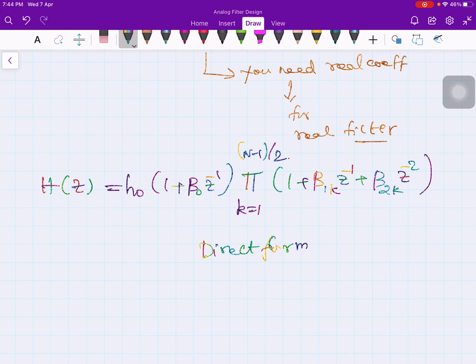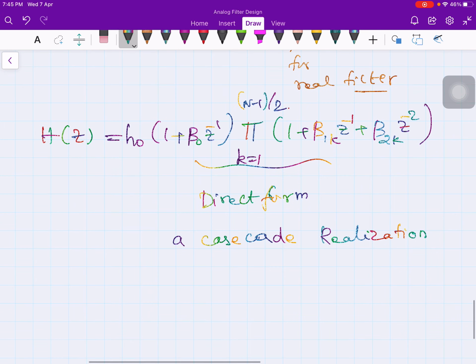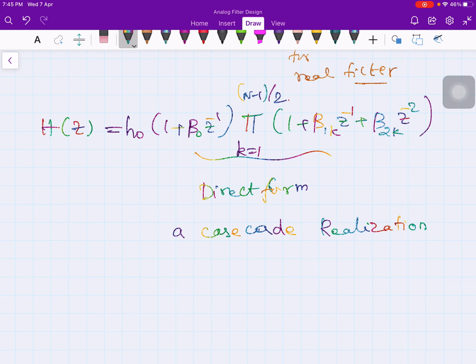And then you have to cascade them together because they are in multiplication. So a cascade, C-A-S-C-A-D-E, cascade, don't confuse with cascode. Cascade means one after another, so you can use cascade realization. Now this is for odd.